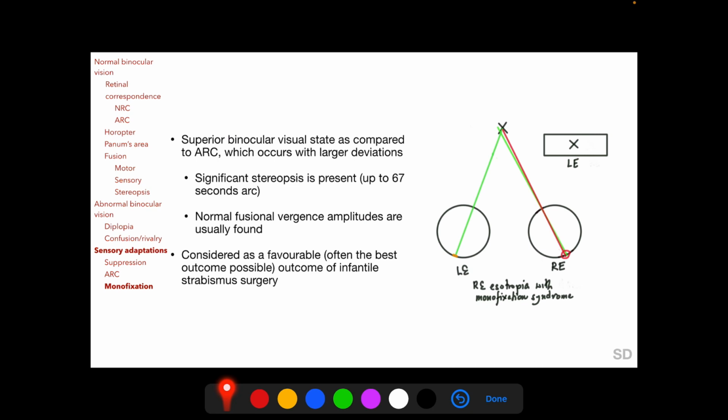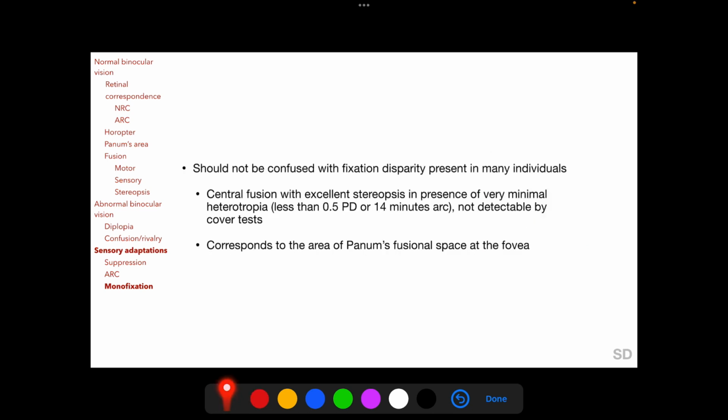And monofixation syndrome is considered a favorable outcome of infantile strabismus surgery and is often the best outcome possible in such a scenario, and this is important to remember. Monofixation syndrome should not be confused with fixation disparity, which is present in many individuals.